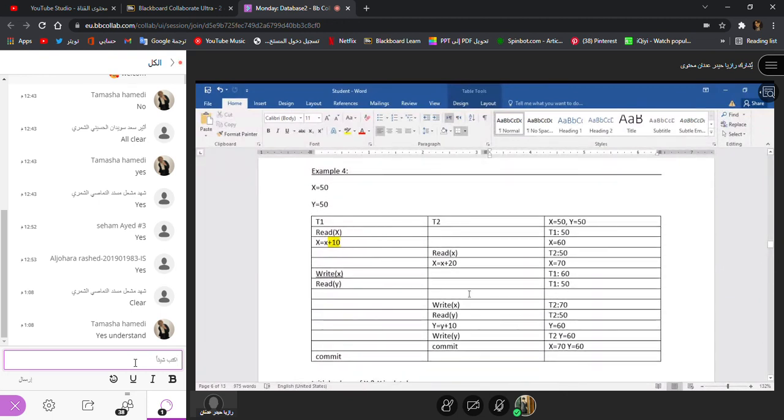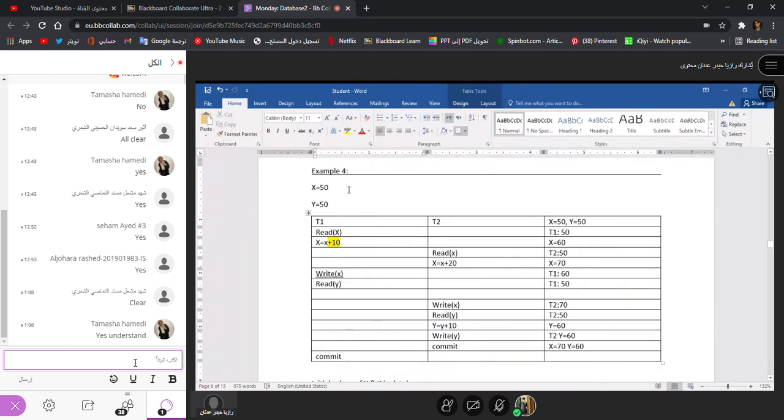There are two transactions you can see here. Okay. Transaction 1 read x plus 10. Then the sequence is always important. Read in a sequence. Don't read like one complete, no, it is not like this. First do this, then do this, then this, okay, and then this. So this is the sequence going on. So read x plus 10, transaction 1, transaction 2, read x plus 20, write x, read y, write x, read y, x plus 10. Okay, so this is all.